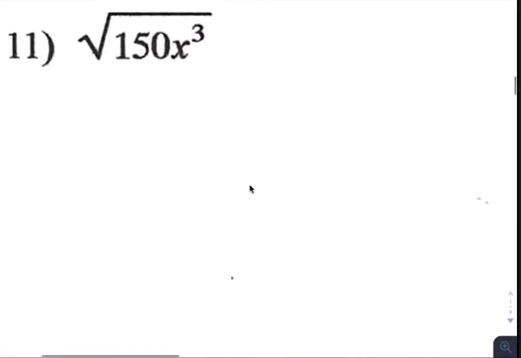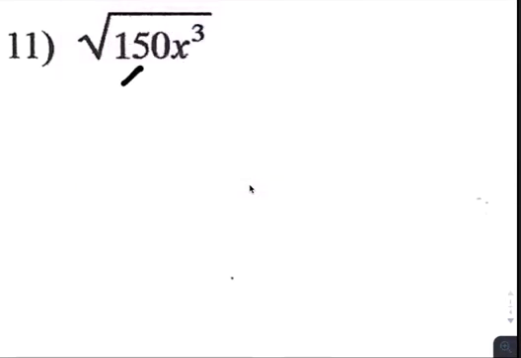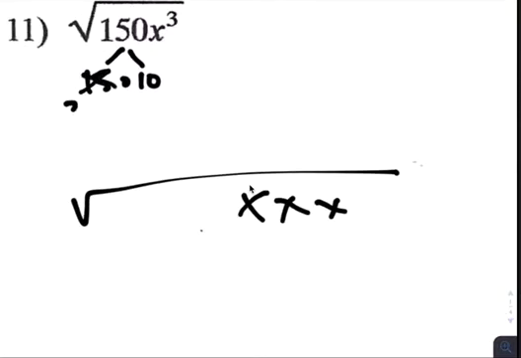Okay, same thing here. 150, 15 times 10. Got 3x. This is 3 times 5, 5 times 2. So you 3 times 5 times 5 times 2.